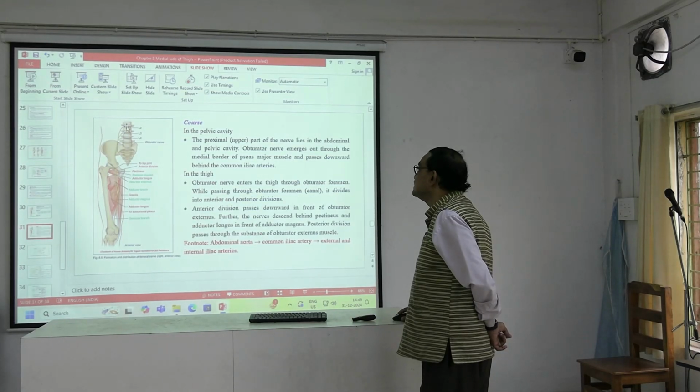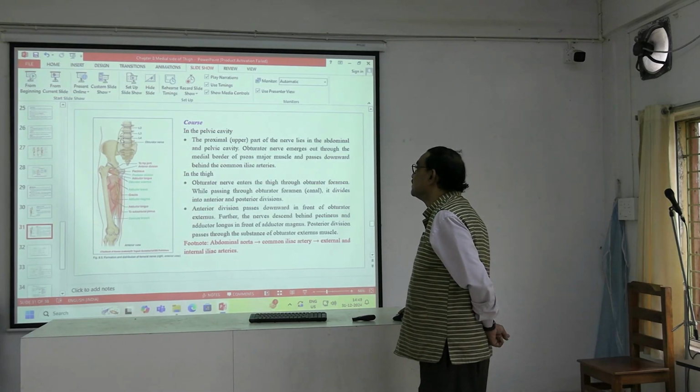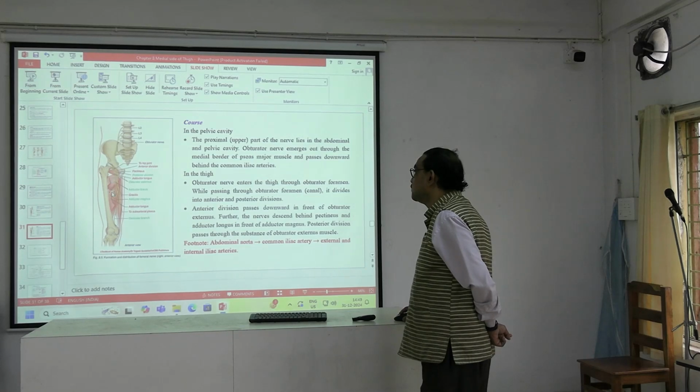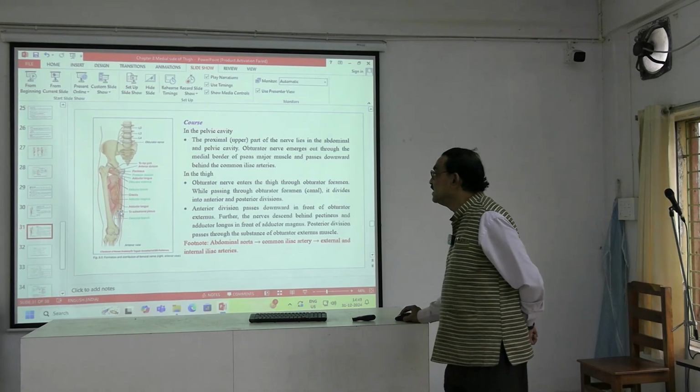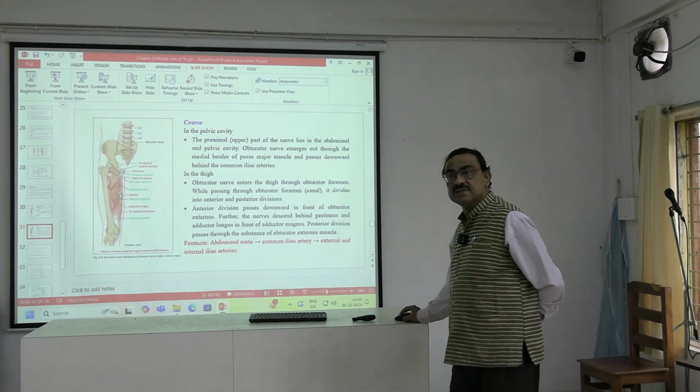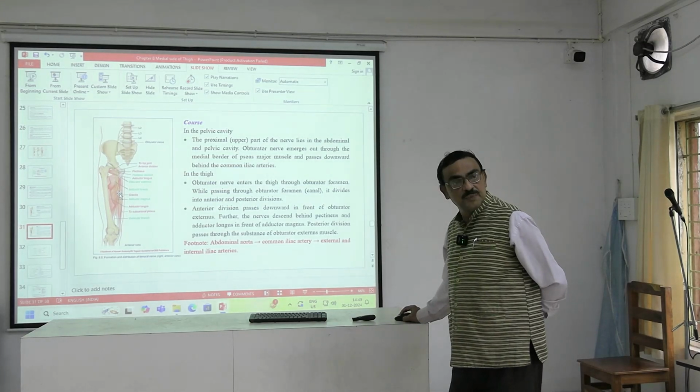And here we can see this obturator nerve. We know the ventral divisions of the ventral rami of second, third and fourth lumbar nerves join to form this obturator nerve, and it ultimately supplies all these adductor group of muscles. It divides into anterior and posterior divisions.